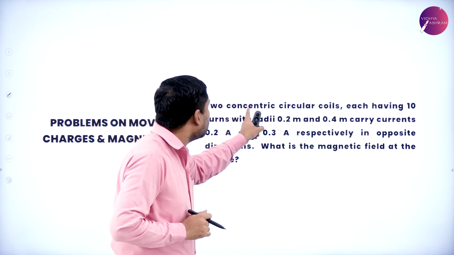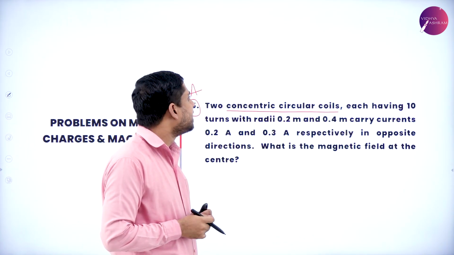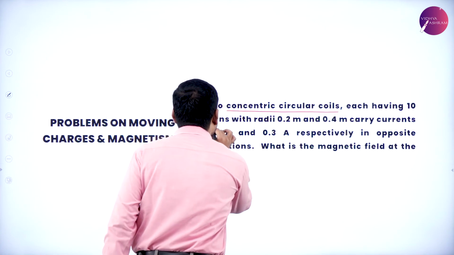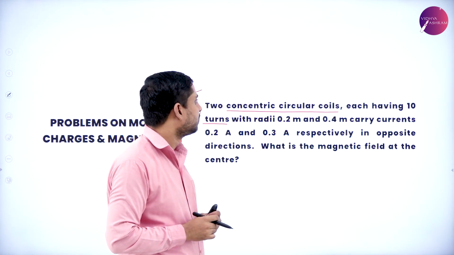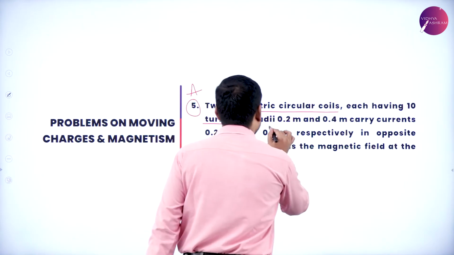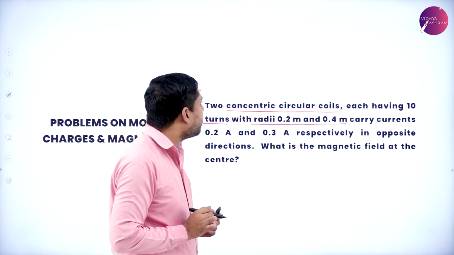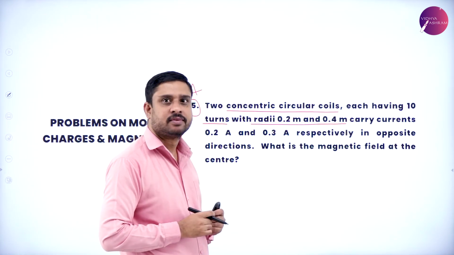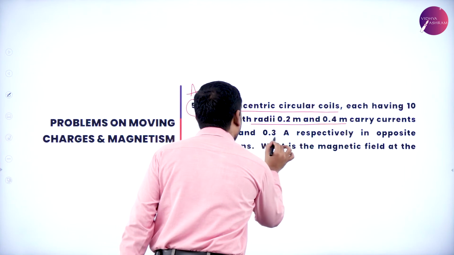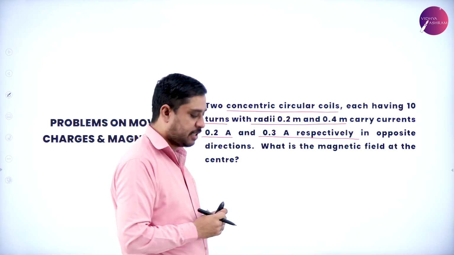Two concentric circular coils, each having 10 turns with radii 0.2 meter and 0.4 meter, carry currents 0.2 amp and 0.3 amp in opposite directions.